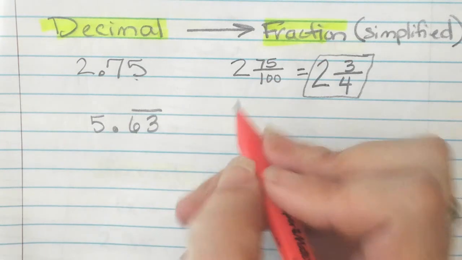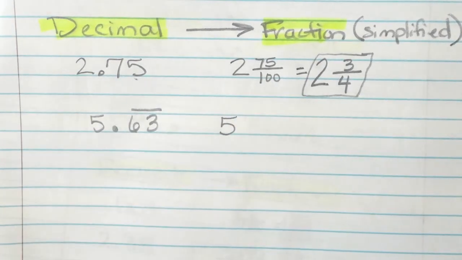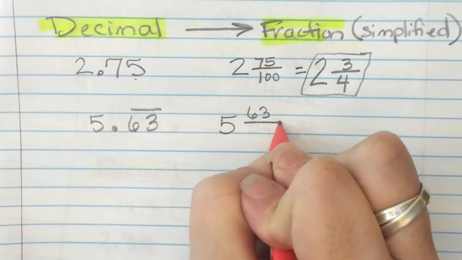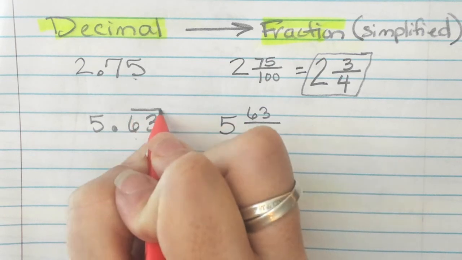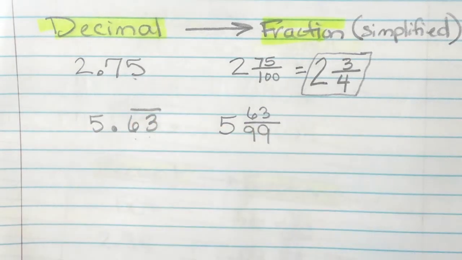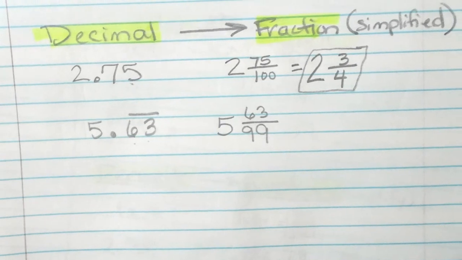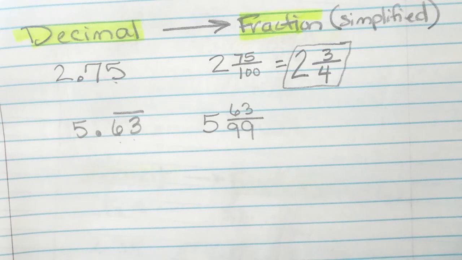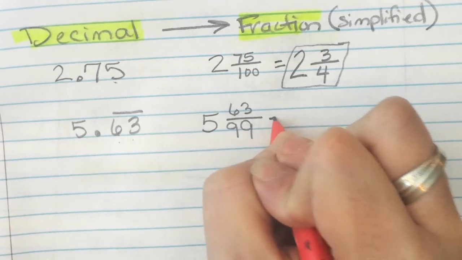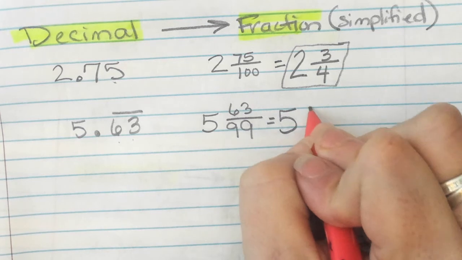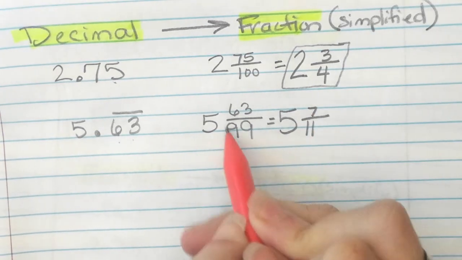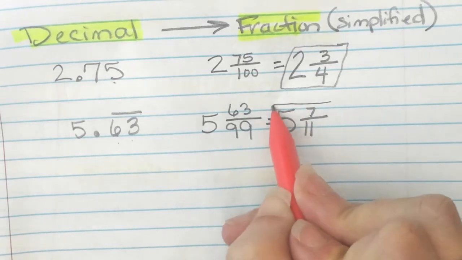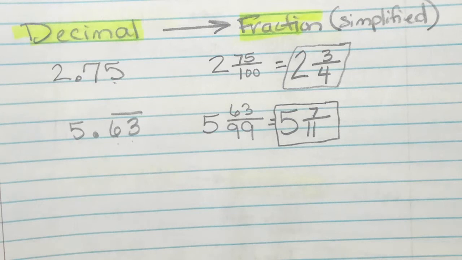Okay, so we keep that front number for 5. 63 goes on top, but on bottom, because there's 2 digits repeating, it goes over 99. Yes, it can. Check it. 63, ABC, 99. 7/11. Guys, that should scream at you your threes tables. Even if you don't know how many threes are in it, we should be seeing the threes tables.